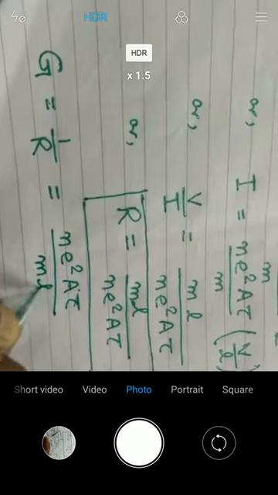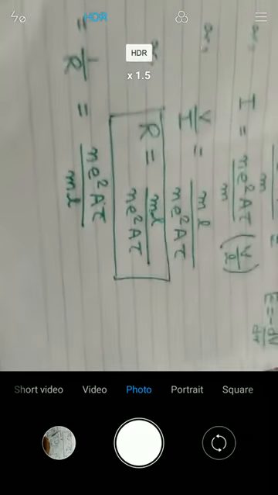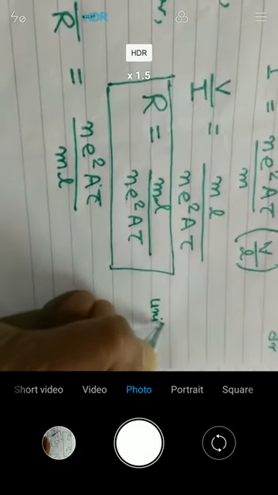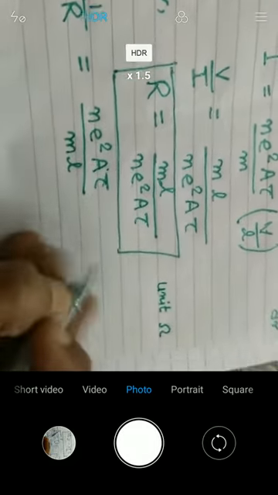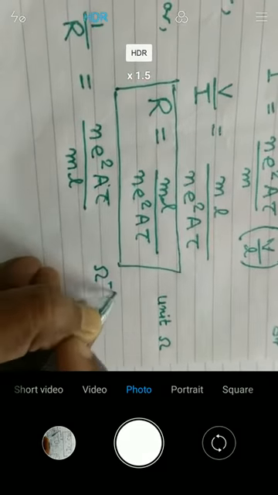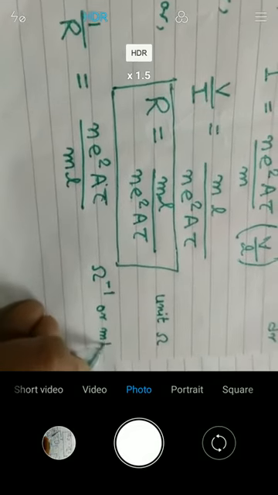So we have obtained formula for resistance as well as formula for conductance. As we all know, SI unit of resistance is ohm and SI unit of conductance is ohm inverse, or it may be written as mho.